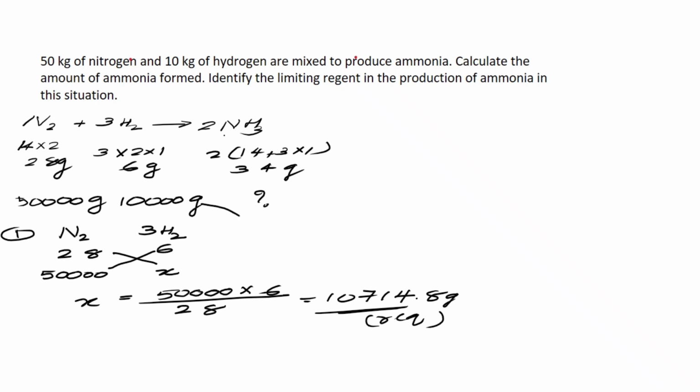But in the reaction vessel we have only 10,000, and we need more than 10,000. So hydrogen amount is less in our hand. So we made the conclusion from the first step that the limiting reagent is hydrogen.